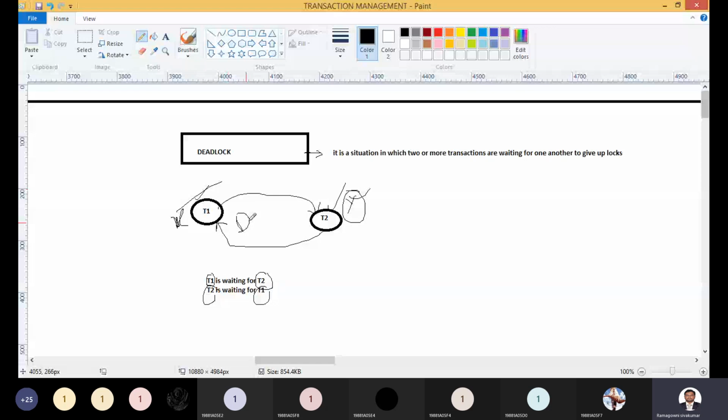If T1 releases X, then only T2 will complete. If T2 releases the lock on Y, then only T1 will complete. Now neither is releasing, so both are in a waiting state. That means at least one transaction is not completing here. These two are in a deadlock state.